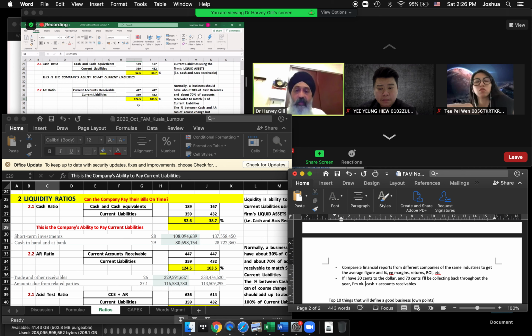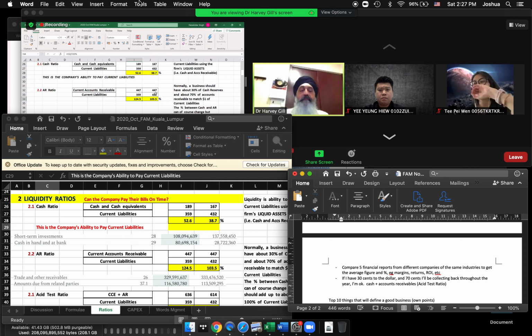Whether it is good or bad, you have to look at the industry, you have to look at the time, you have to look at what the industry was going through during that time. Yeah. Now if I add up cash and accounts receivable, I find overall with cash and what they are supposed to collect is more than 1.